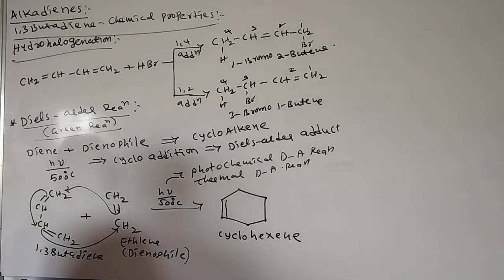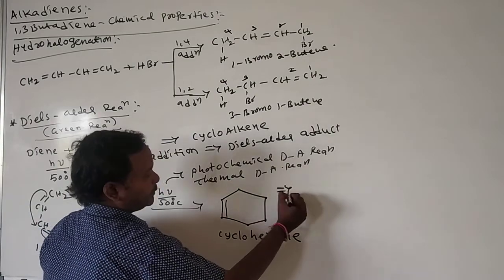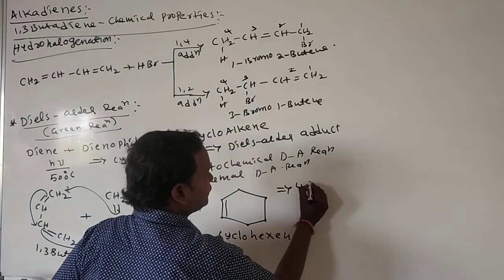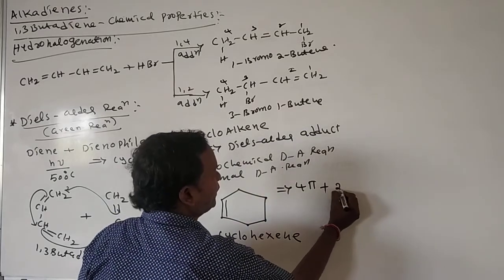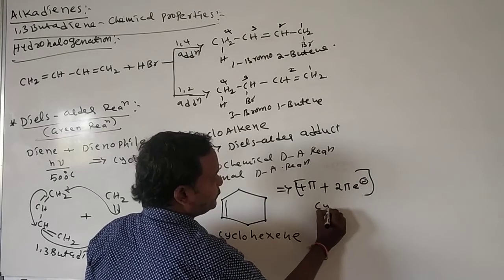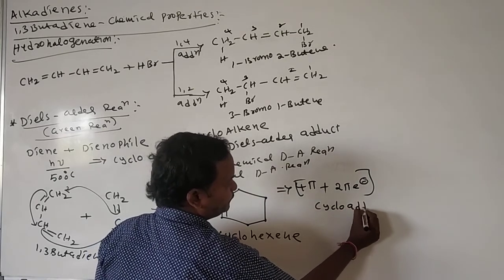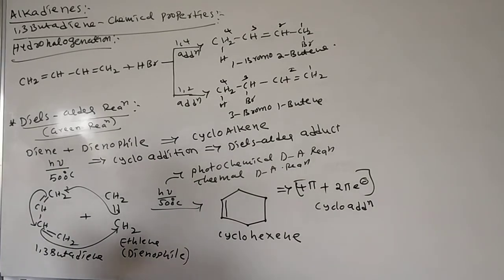Cycloaddition reaction. Which type of cycloaddition reaction? Here I am explaining. First, the diene contains 4 pi electrons, and this contains 2 pi electrons. So it is a 4 pi, 2 pi electron cycloaddition reaction.